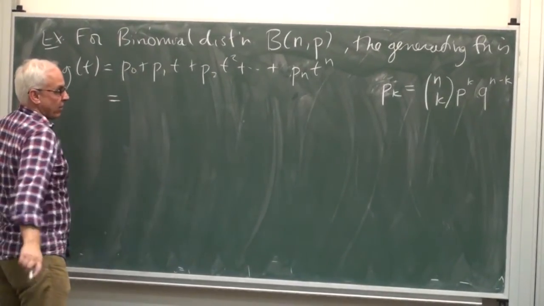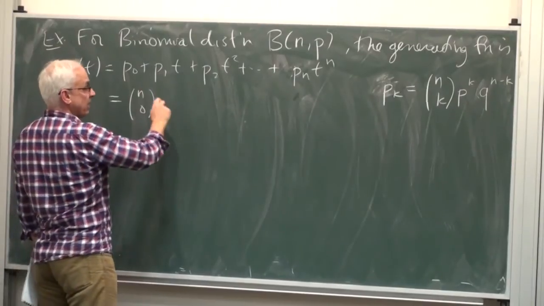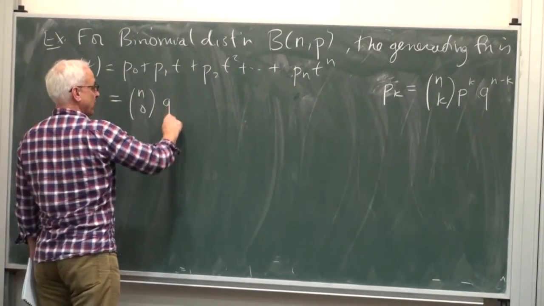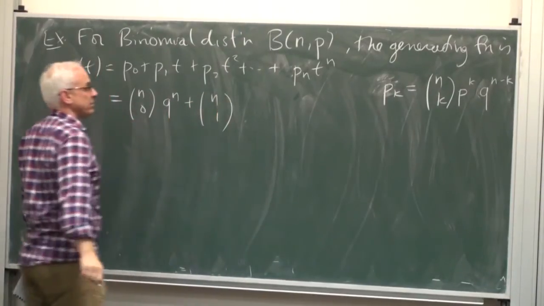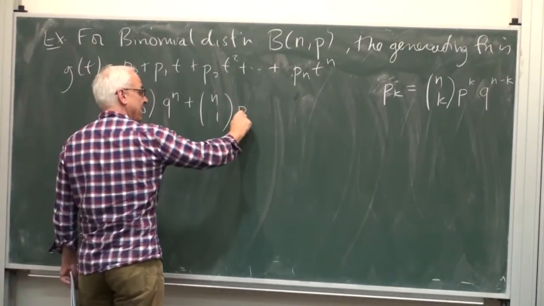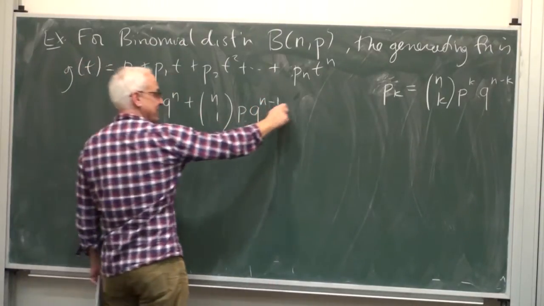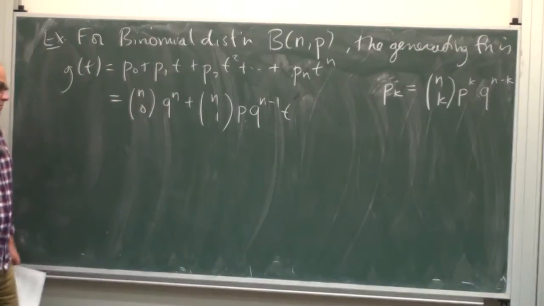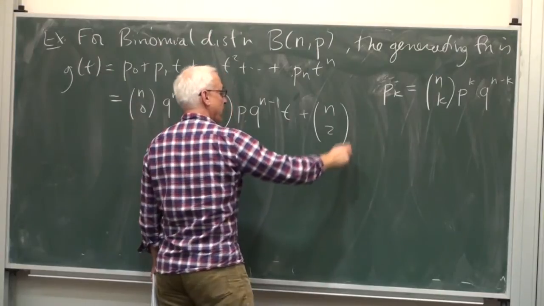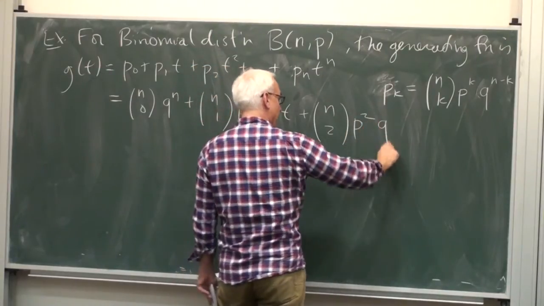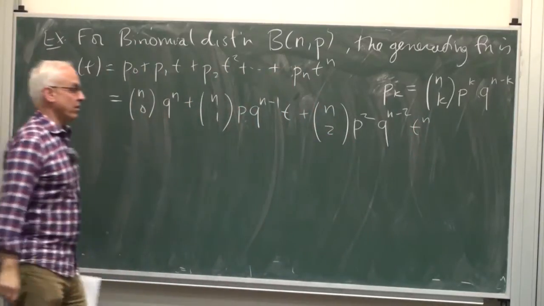So this thing looks like what? There's an n choose 0 times p to the 0 times q to the n. And then the next one is n choose 1. And then there will be a p and a q to the n minus 1. And there will also be a t term. And we keep on going. The binomial coefficients get bigger. The powers of p get bigger. The powers of q get smaller. And the powers of t get bigger as well.